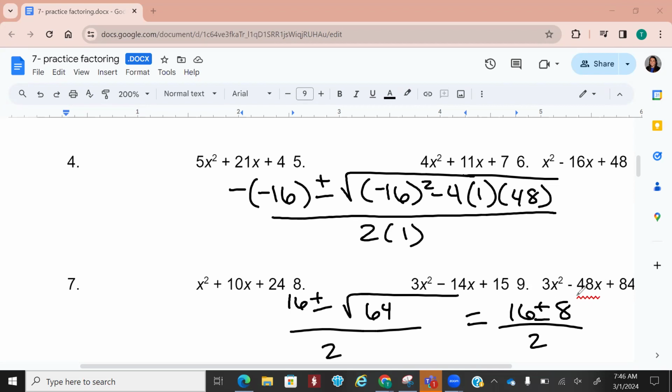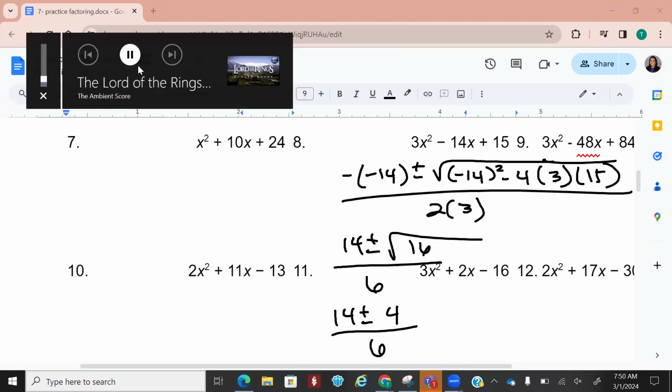So 16 plus 8 is going to give us 24. 24 divided by 2 gives us 12. 16 minus 8 gives us 8. 8 divided by 2 gives us 4. So what you got? Are there any questions? Everybody's okay? You sure?